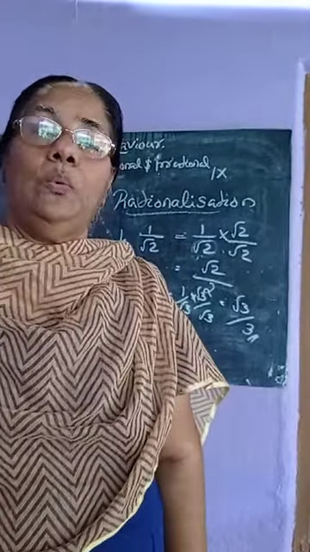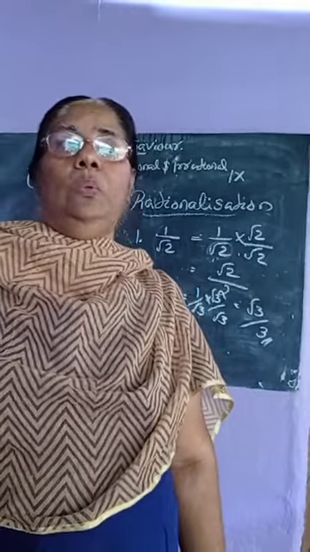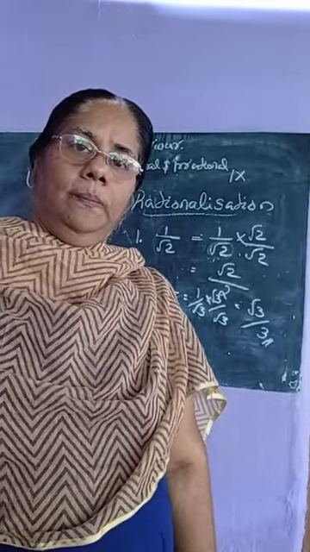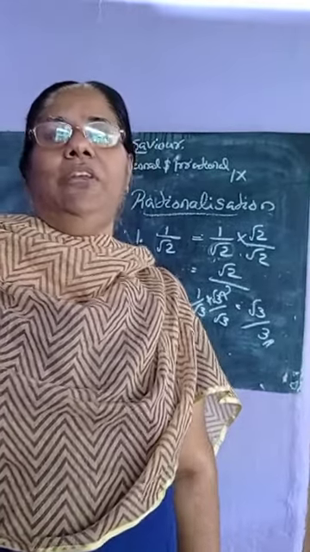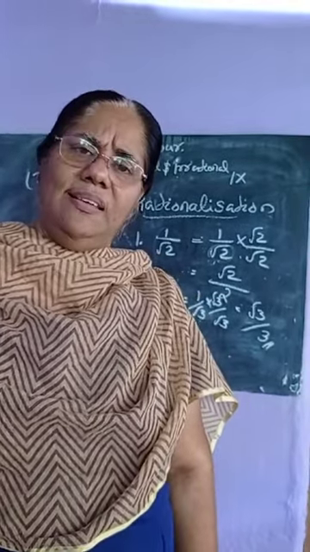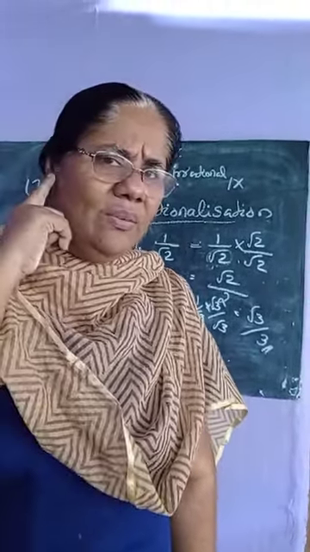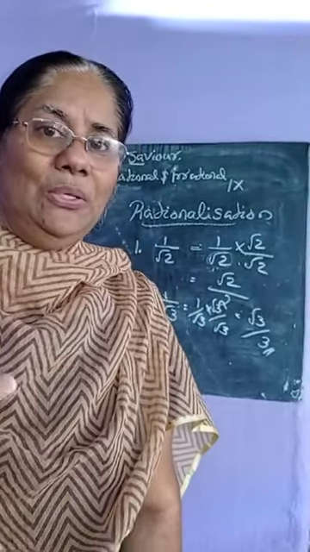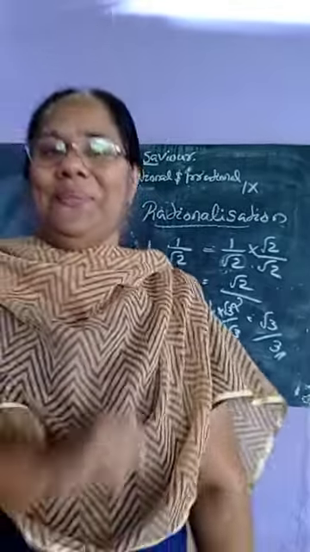Yes, I will give you another example. 1 by root 7. Then 1 by root 7 into, say loudly, what is the answer? 1 by root 7 into root 7 by root 7. Very good.